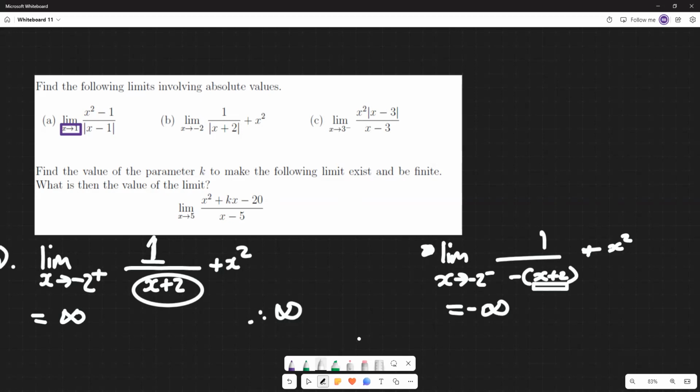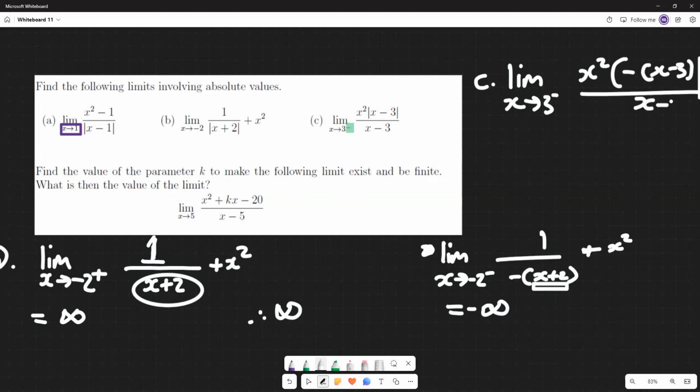Perfect. And then we can try C. I'll just do C here. On C, I can see that I'm already moving from the left, right? So that given, I can write my limit as the limit as x approaches 3 from the left of x squared, then I'm going to have negative x minus 3. Remember, this negative will always correspond with the one that was on the absolute value. And then over x minus 3.